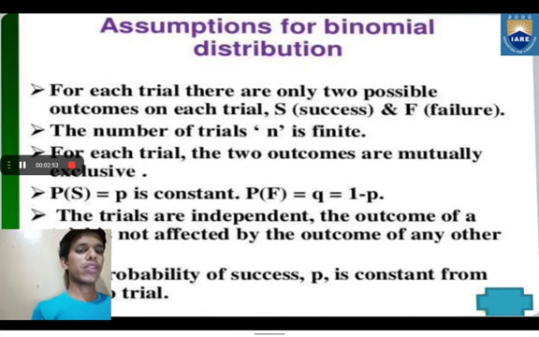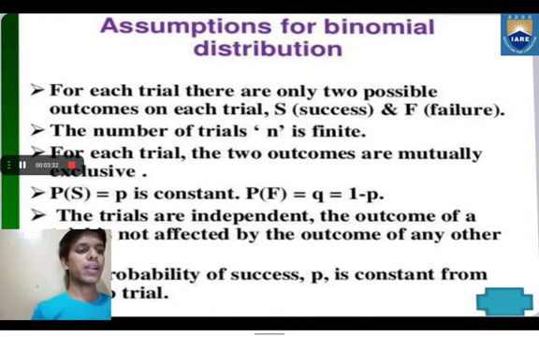Now the assumptions for binomial distribution. There are some assumptions before we find the binomial distribution. For each trial there are only two possible outcomes, success and failure, and the number of trials n is always finite. For each trial the two outcomes are mutually exclusive, and P(S) should be equal to p, which is a constant, and P(F), that is probability of failure, is equal to q, which can be written as 1 minus p.